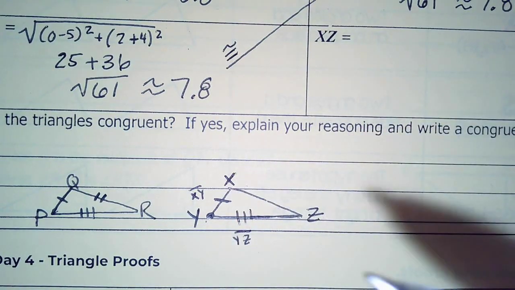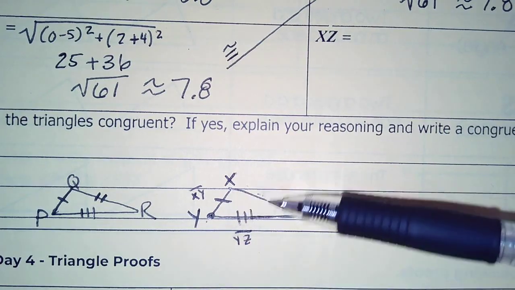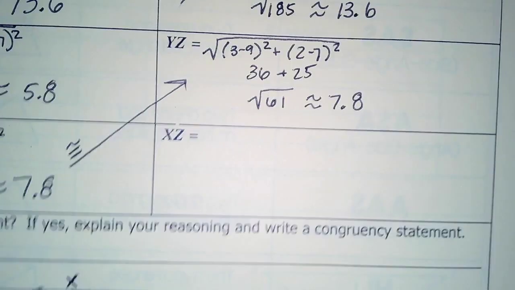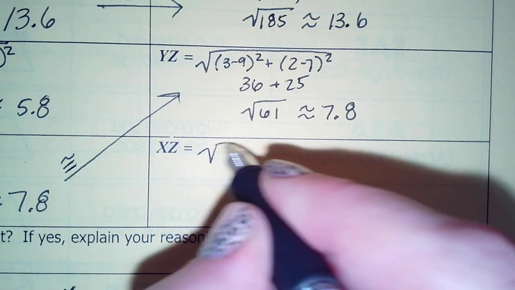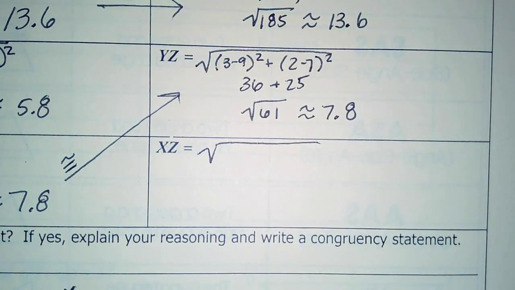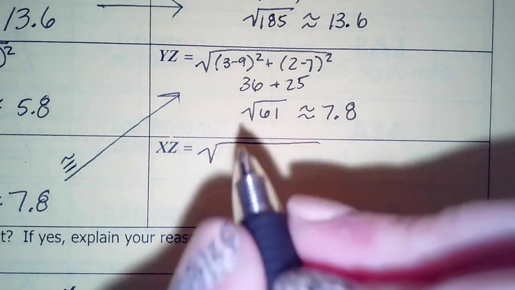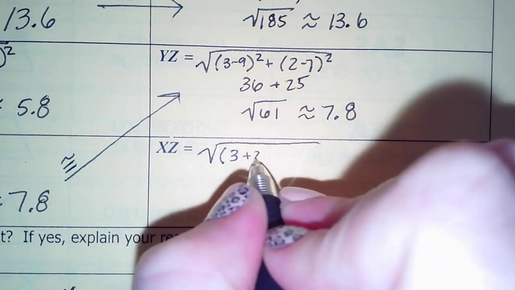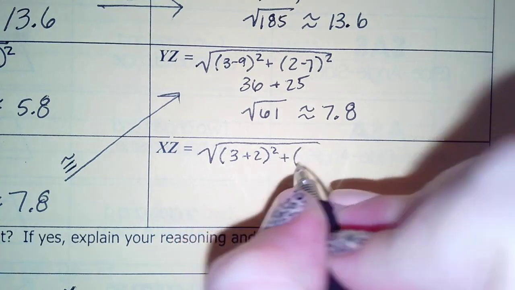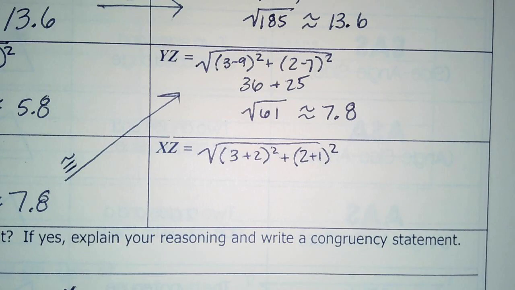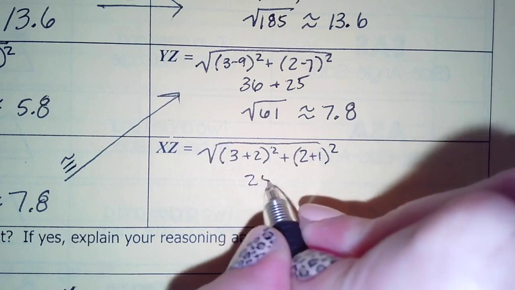However, we are now tasked with, is this last side congruent to QR? That's now our goal. So one more distance formula. I think there's one of these on your test, maybe one like the other one as well. So XZ, 3 minus -2, so 3 plus 2 squared plus 2 minus -1, so 2 plus 1 squared. 3 plus 2 is 5. 5 squared is 25.